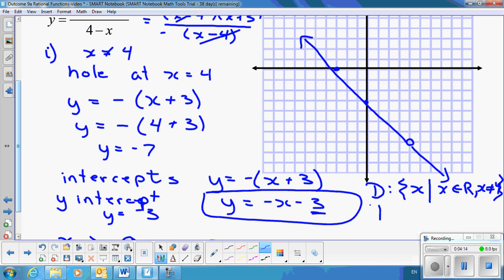The range, our range again is all real numbers except y cannot equal this undefined or this open circle here. Our y value was negative 7.